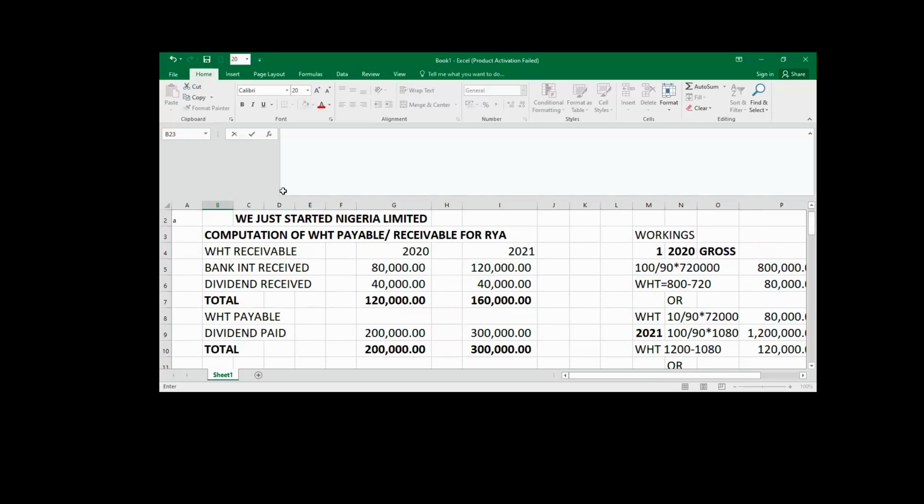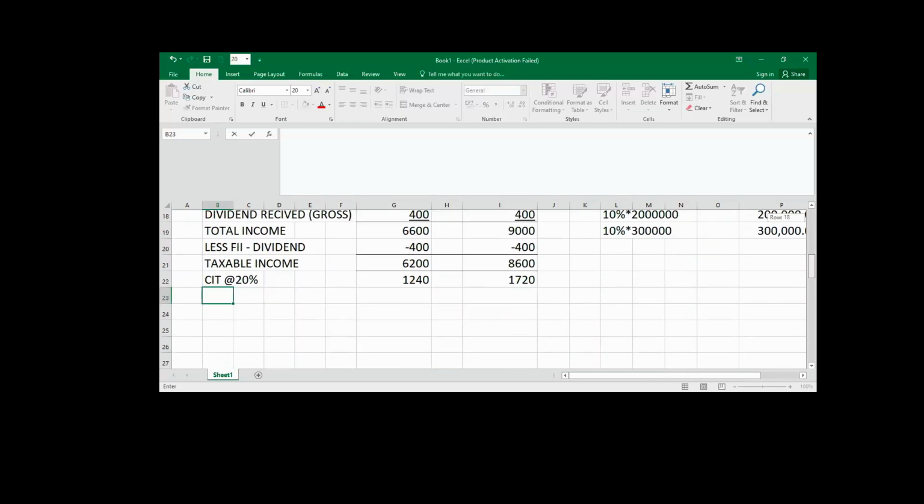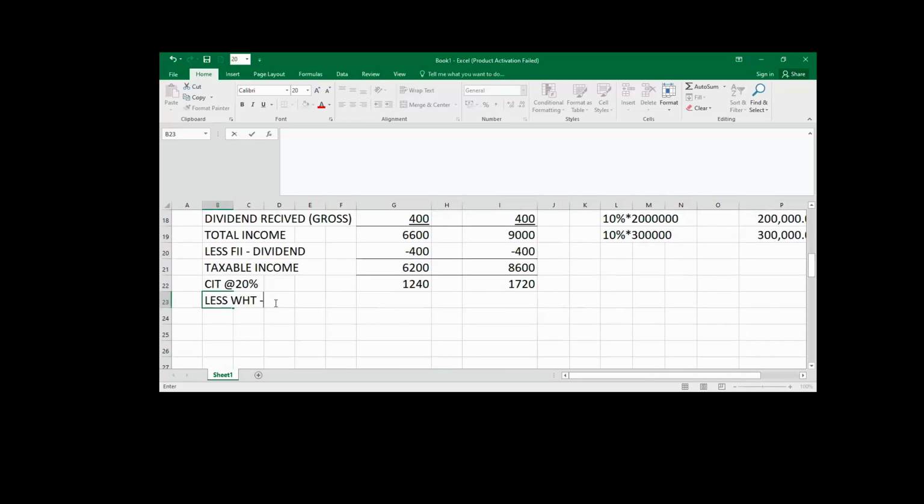So the withholding tax they suffered on bank interest will be used as a claim. You now say minus 80, minus 120. The resulting figure will be the final tax liability. So instead of this company paying 1,240,000, they're going to pay 1,240,000 minus 80,000 that they have paid in advance. That will give us how much?